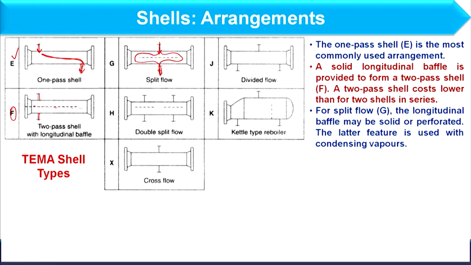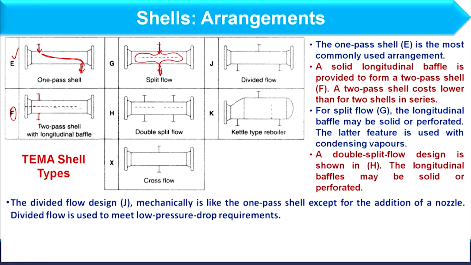And similarly we can have TEMA H shell, where 2 splits are required, and we have TEMA J shell, where the fluid is divided in 2 parts like this or this, and this is basically done to reduce the pressure drop.